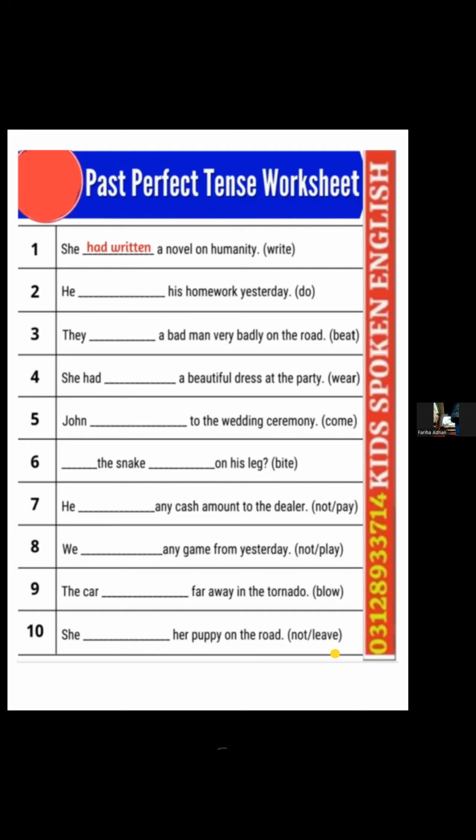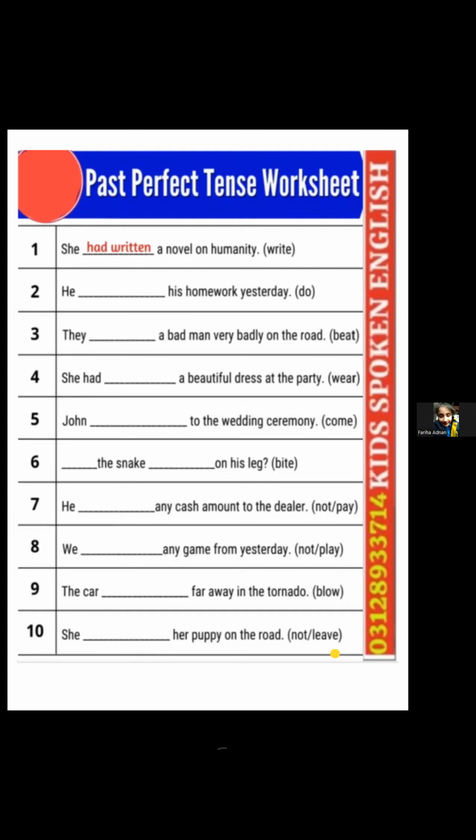So what is the third form of wear? Tell me. Don't you know? Okay. Who knows? Tell me.